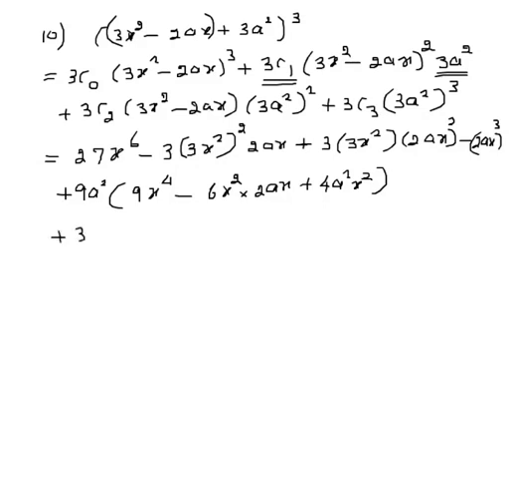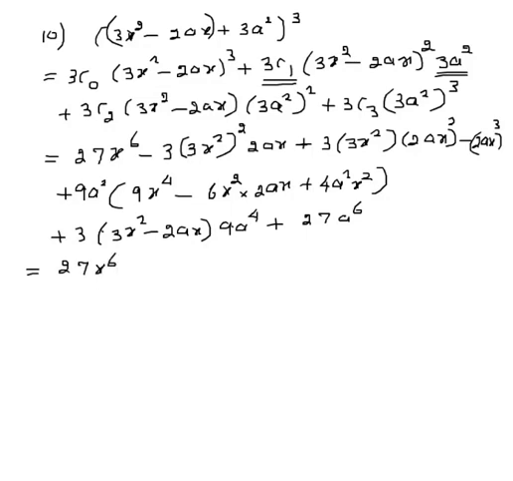and 3C2 is 3x square minus 2ax times 9a raised to 4, plus 3C3 is 1, and we get 27a raised to 6.